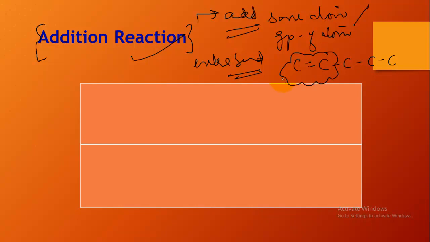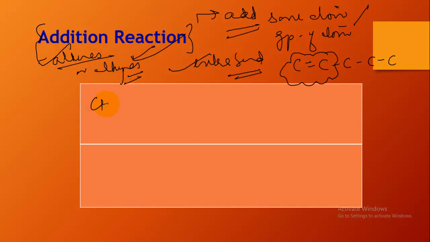So addition reactions are shown only by compounds which possess an extra bond, or we can say addition reaction is a property shown only by alkenes or alkynes and some other functional groups which possess a double bond. But here we are talking about alkenes and alkynes, so let's focus on alkenes first.